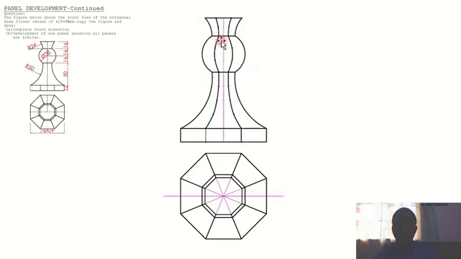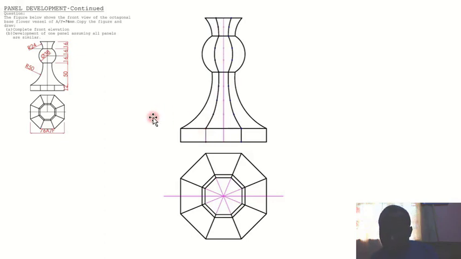So you see that the complete figure, when you finish the front elevation, you have this kind of a drawing, the curve on the right hand side and the curve on the left hand side.